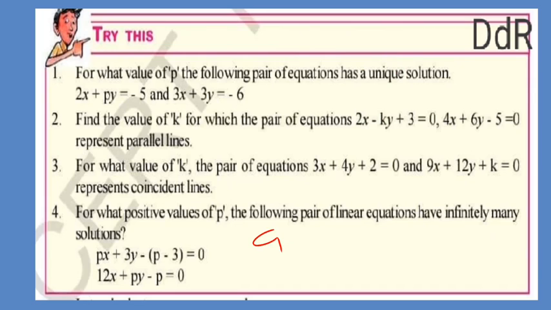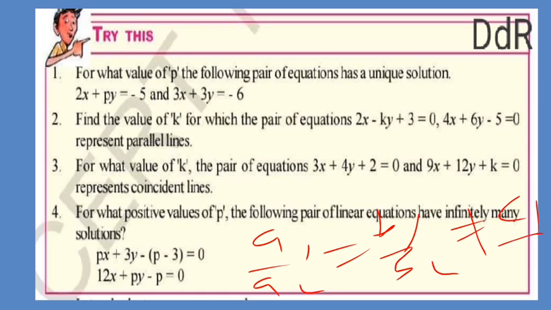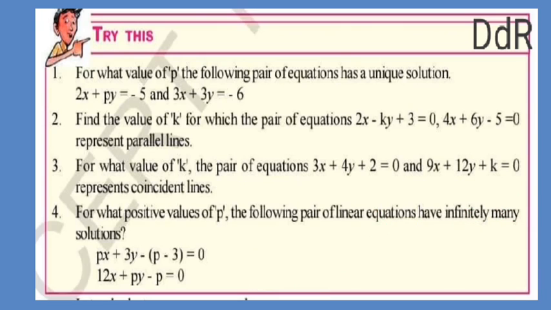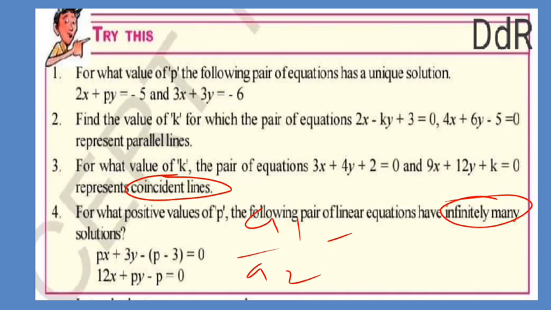Parallel lines means a1 by a2 equals b1 by b2 is not equal to c1 by c2. Third question, coincident lines, and fourth question, infinitely many solutions, have the same meaning. So for both questions, the same condition: a1 by a2 equals b1 by b2 equals c1 by c2.